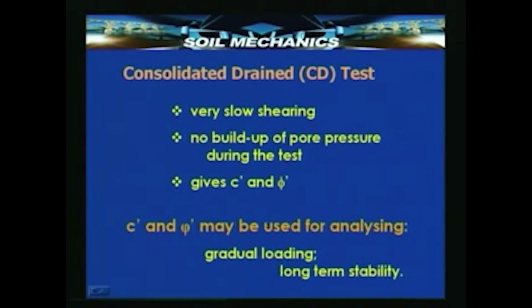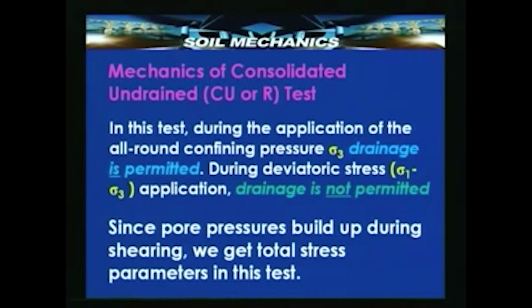In the field, if we have gradual loading and if volume change is permitted and drainage is allowed, and that is what happens, for example, in an embankment which has been in existence for several years, for a very long term, it has already undergone consolidation, and therefore, if it undergoes slow shear, it will exhibit effective strength parameters c dash and phi dash. C dash and phi dash can therefore be used for analyzing the effect of gradual loading or long term stability of an embankment. Now, let us take the next test, that is the consolidated undrained or R test.